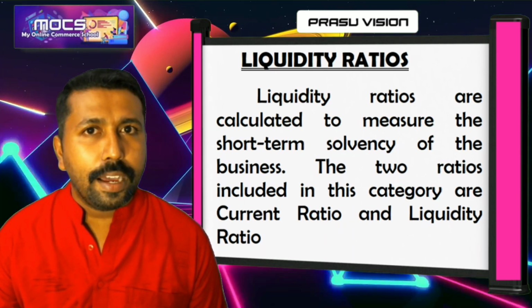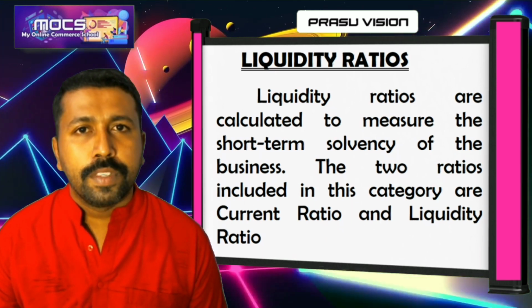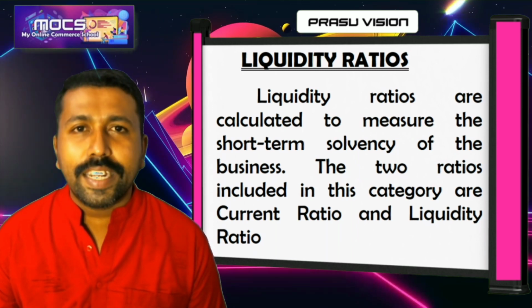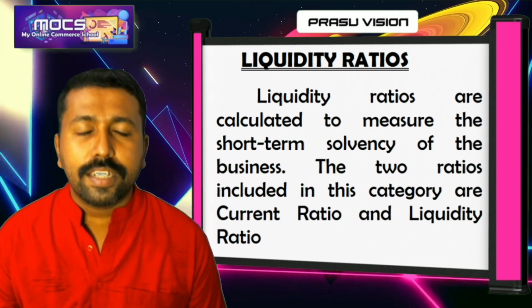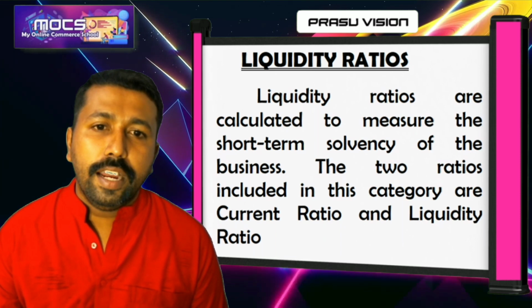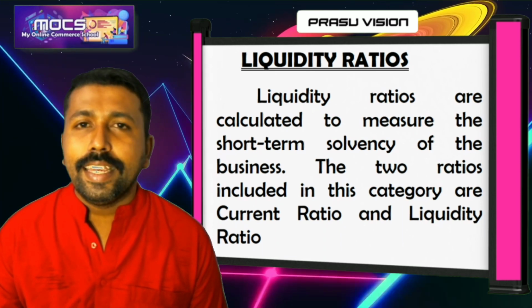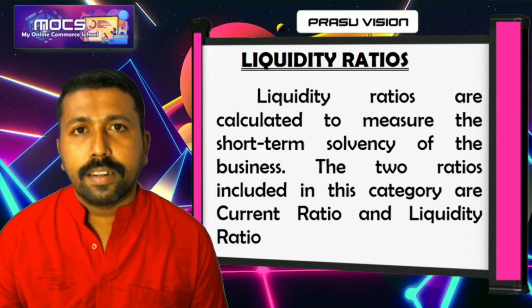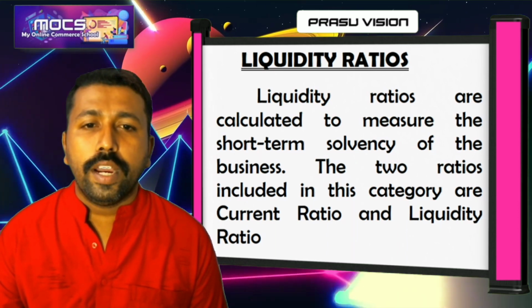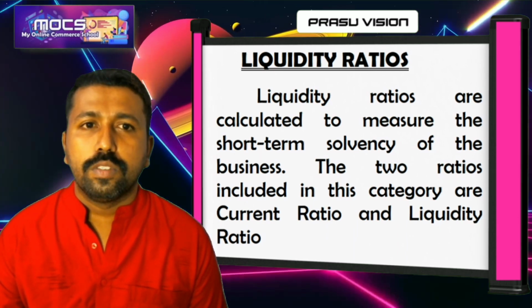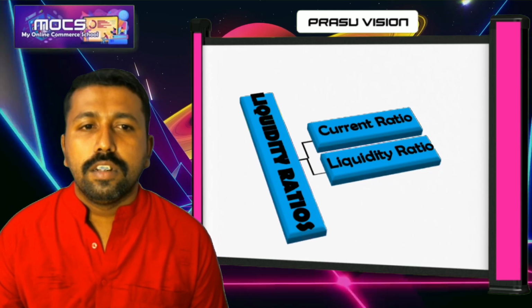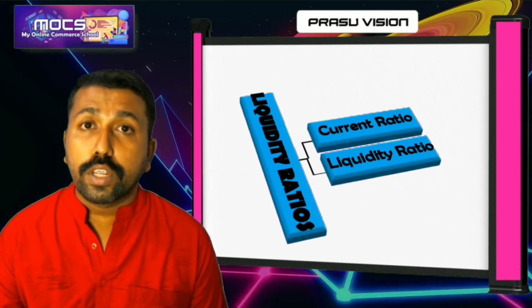They are using the amount of current asset, maybe directly or by converting them into cash and cash equivalents. The two ratios included in the liquidity ratios are current ratio and liquid ratio, or quick ratio.